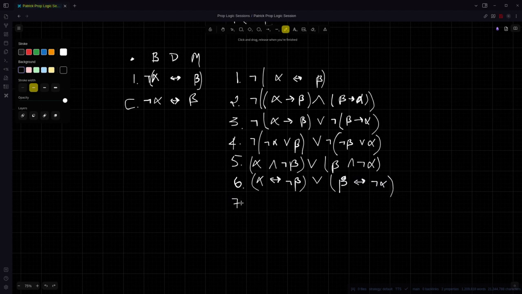Yeah, because you just assume that we've got the two conditionals, and then we just do a conjunction of both of those two brackets. Exactly.